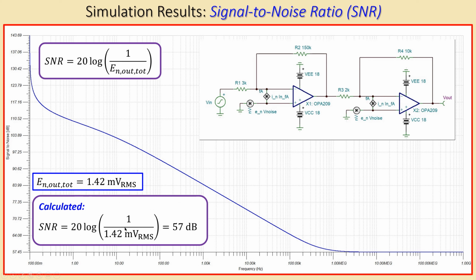Of course, the actual output referred RMS noise voltage was a little bit lower, so we will also have a little bit larger SNR because it is inversely related. You can see the simulation is also a little bit larger, so that confirms that the value here for the output referred RMS noise voltage must be a little bit smaller, such that the SNR is larger, but it is very close. So again, confirmation of the calculations using the simulations.